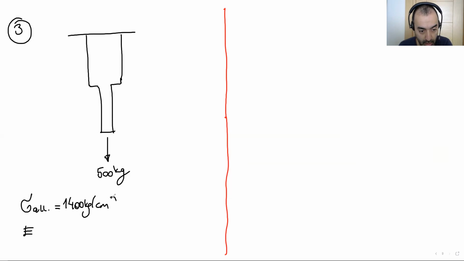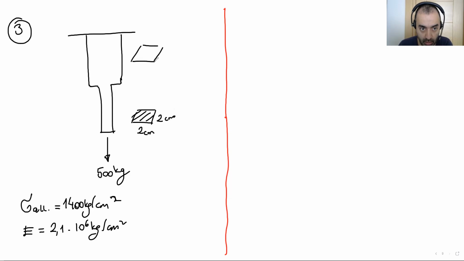E. Yes. So I have something here. I have a square section, 5 centimeter, 5 centimeter.